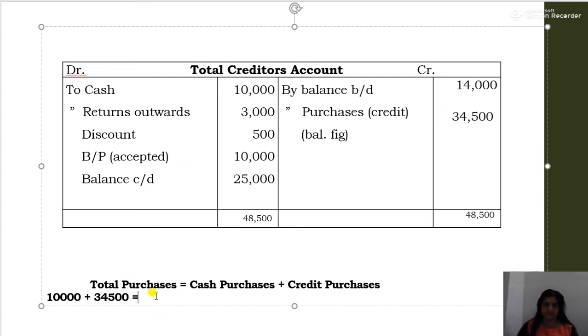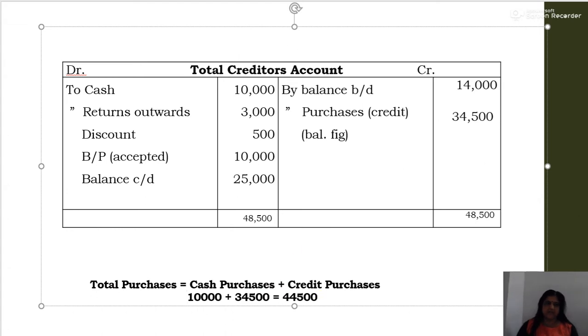So the total purchase will be 44,500. So total purchase, cash purchase plus credit purchase: cash purchase is 10,000 and credit purchase comes to 34,500, so total purchase is equal to 44,500.